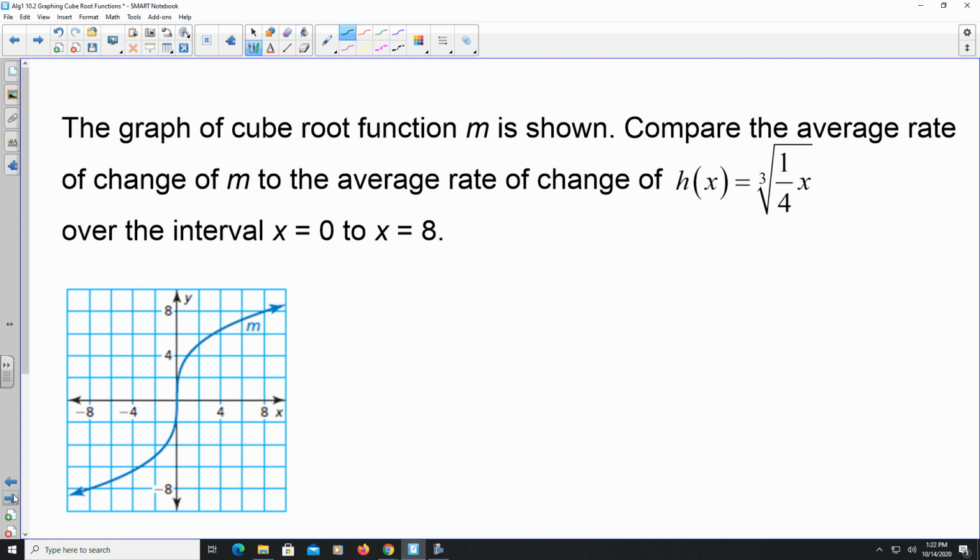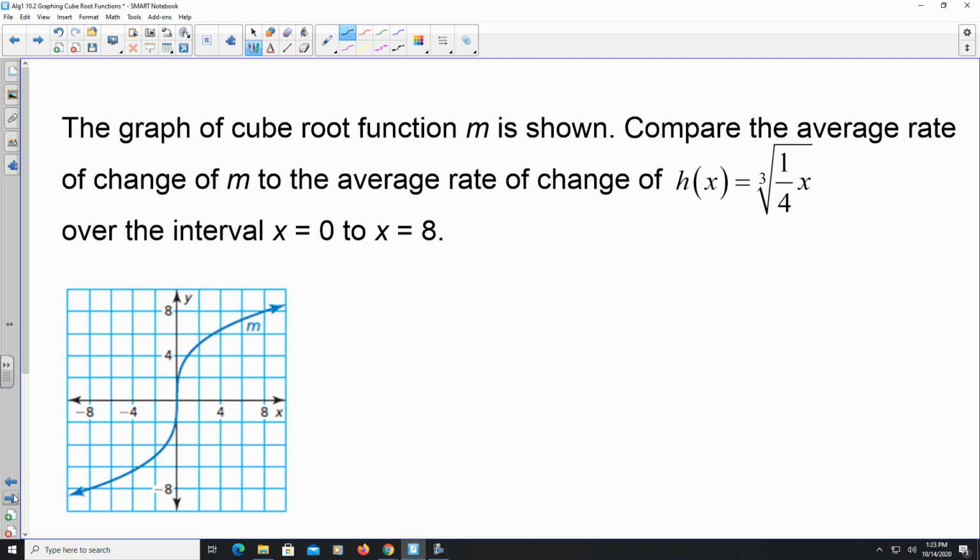Last slide here we're going to look at says the graph of cube root function m is shown. They want us to compare the average rate of change of m to the average rate of change of h of x equals the cube root of 1/4 x over the interval x equals 0 to x equals 8.